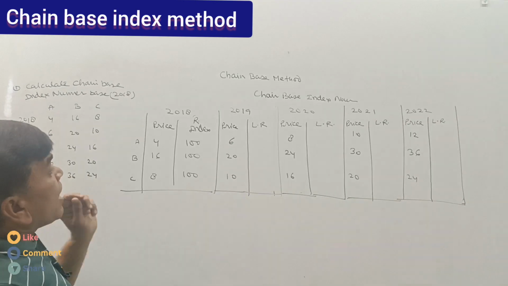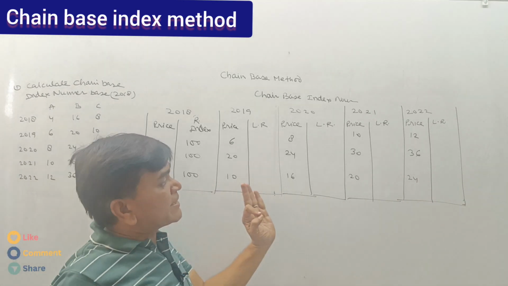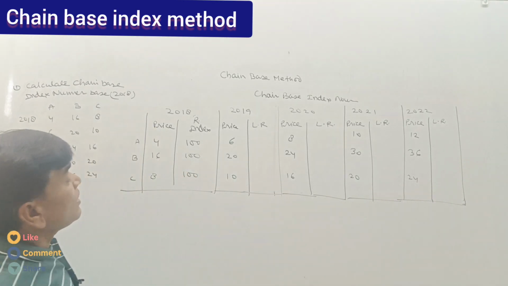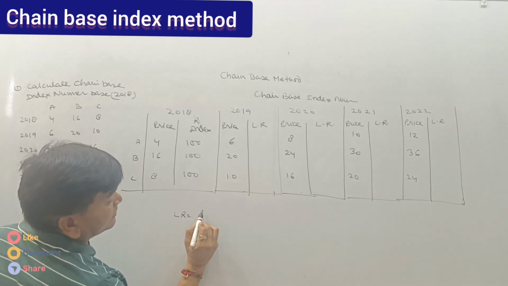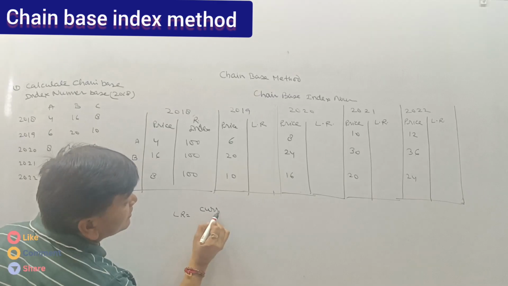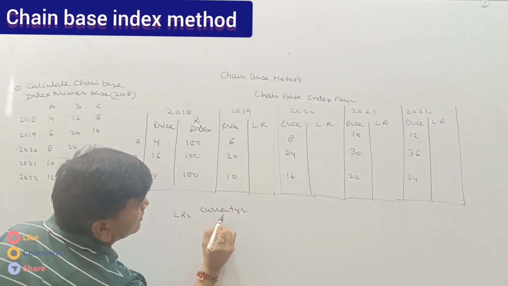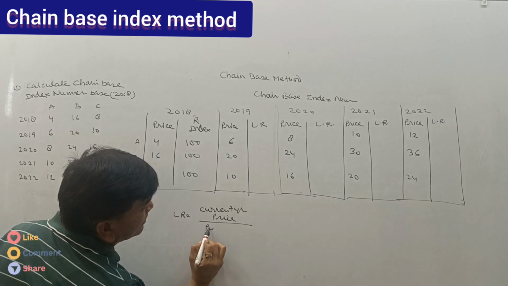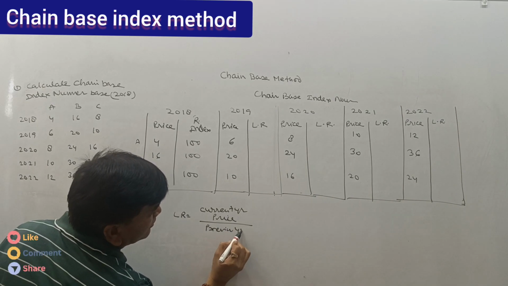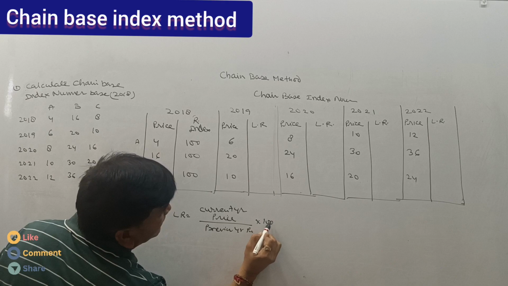Now how do we calculate the chain base index? It's very important. For chain base, the link relative is the current year price divided by the previous year price, multiplied by 100.